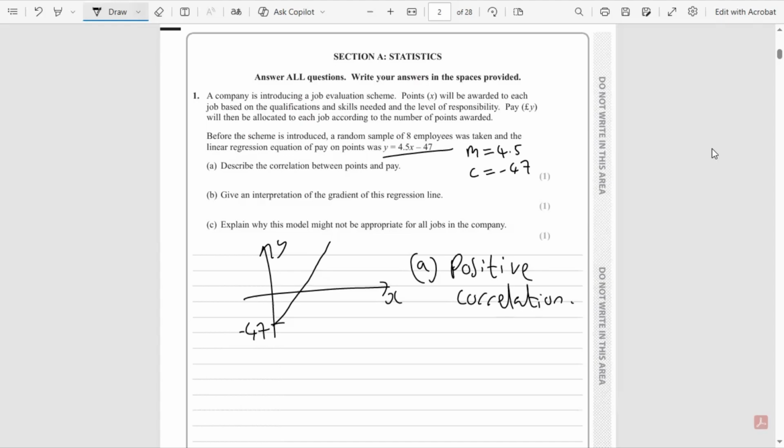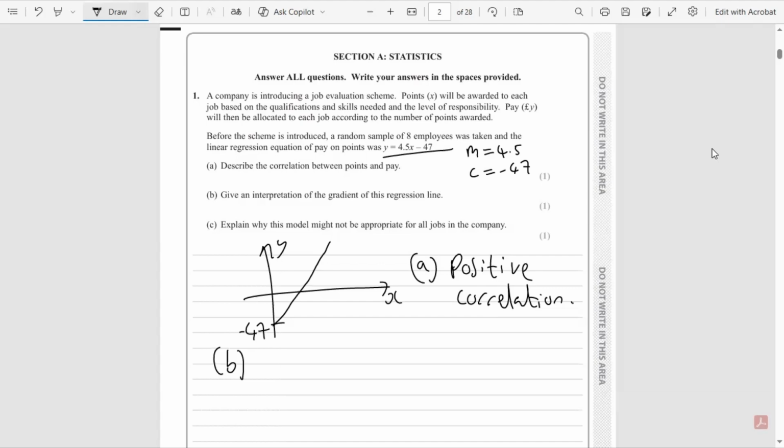Perfect. So now part B. Give an interpretation of the gradient of this regression line. So obviously the gradient is 4.5, but what does that represent? So remember from pure maths, the gradient is change in y over change in x, or in other words, it is how much the y variable changes for every increase in 1 unit of the x variable.